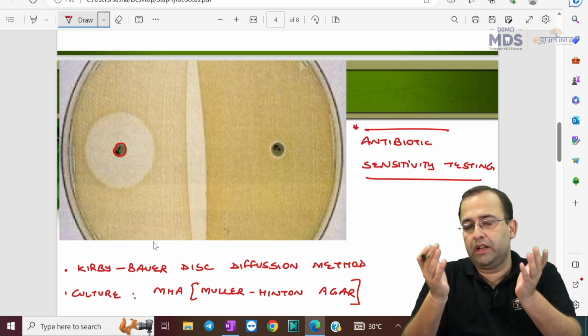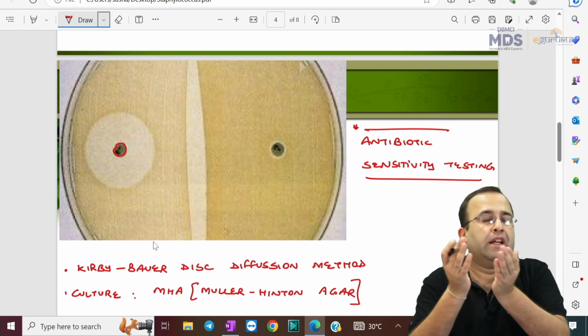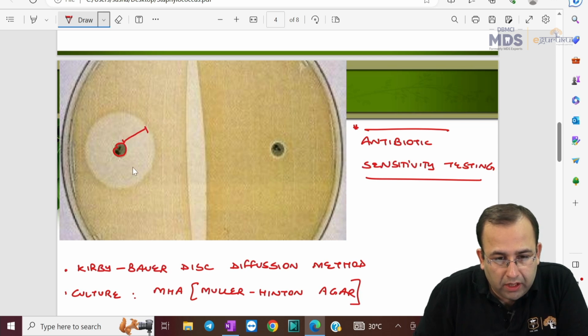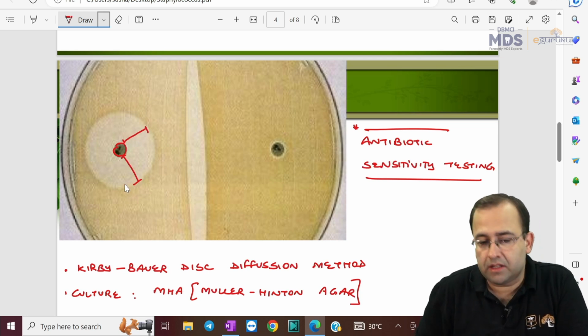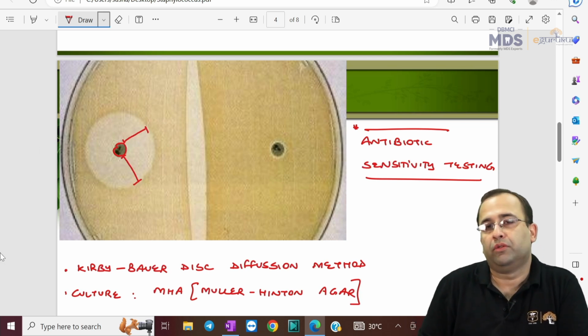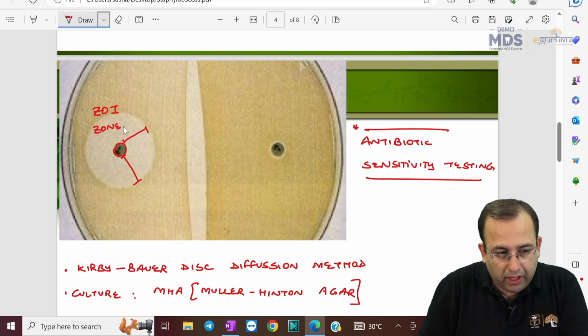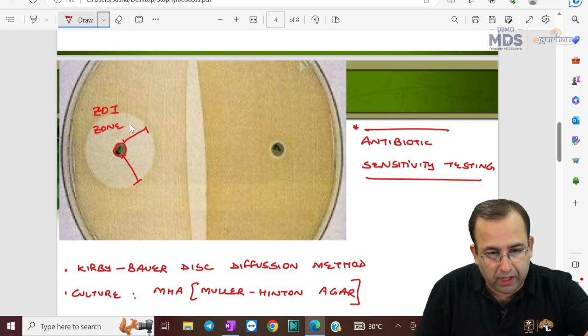The Muller-Hinton agar, on that the organism is growing. Now you are clearly able to see that around the antibiotic disc, the organism did not grow. This is called as zone of inhibition, ZOI.